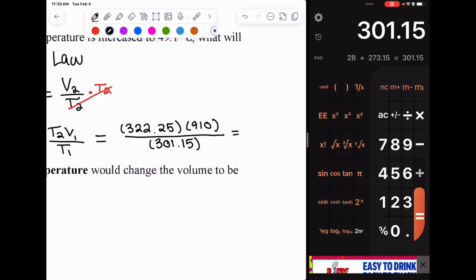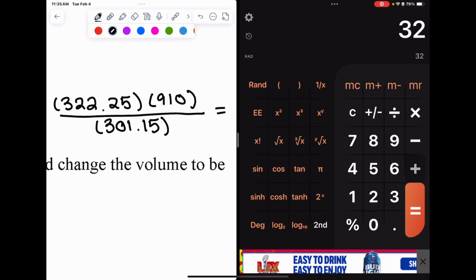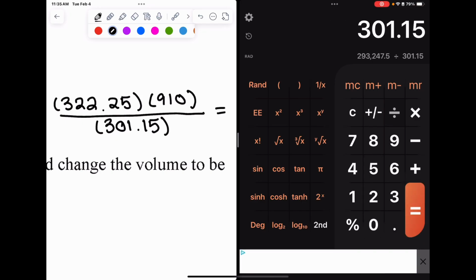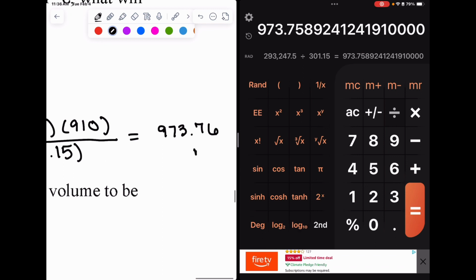Kelvin. And if we plug all of this into our calculator, 322.25 times 910 divided by 301.15, we get 973.76 milliliters, because we're looking for volume again.